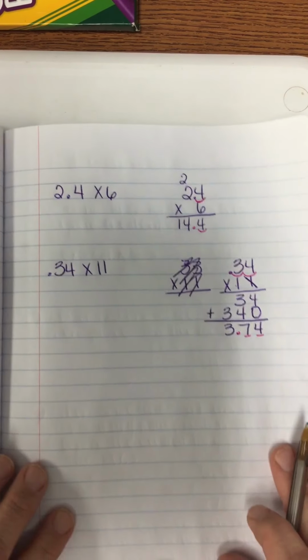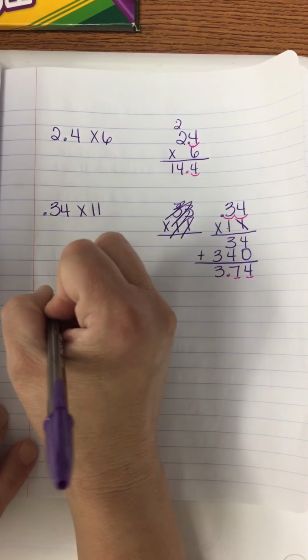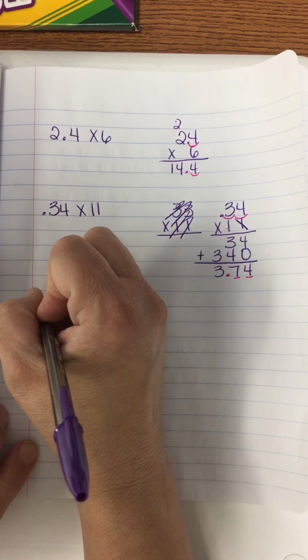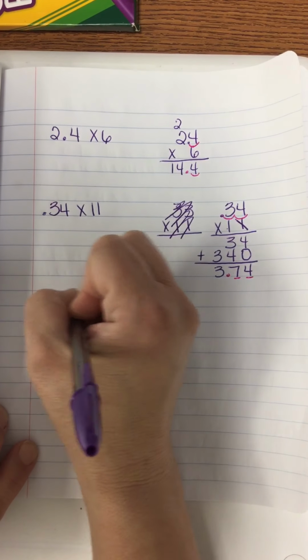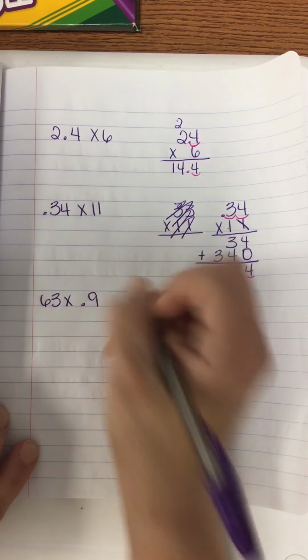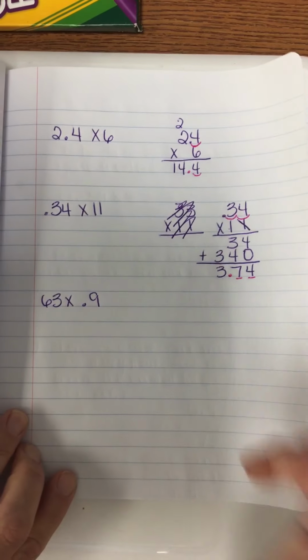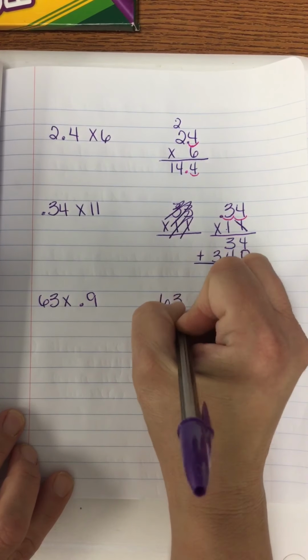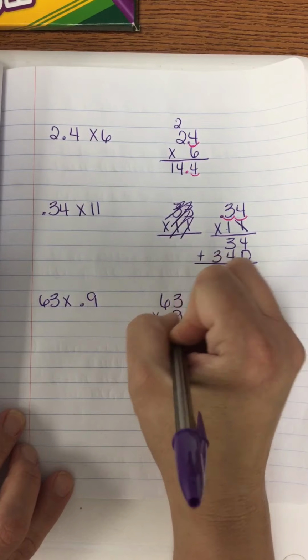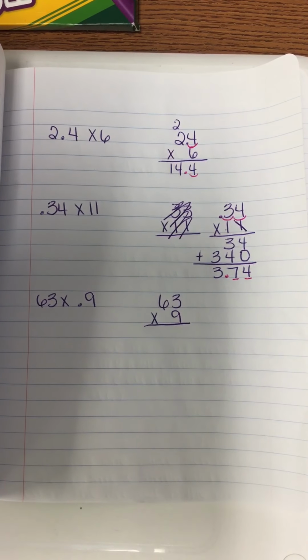Okay, let's do another one. Let's do 63 times 9/10. So I flipped it. I put the decimal second. So I'm going to write 63 times 9. Okay, so you're going to multiply 9 times 3.